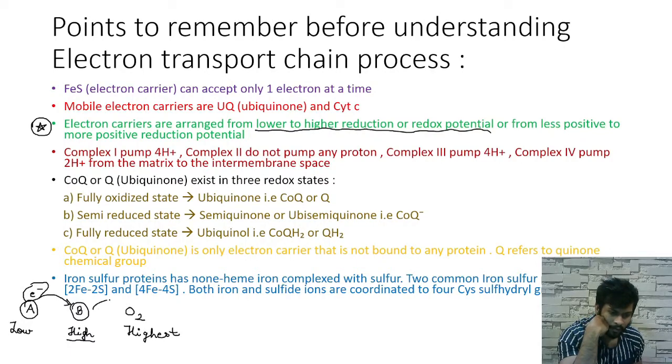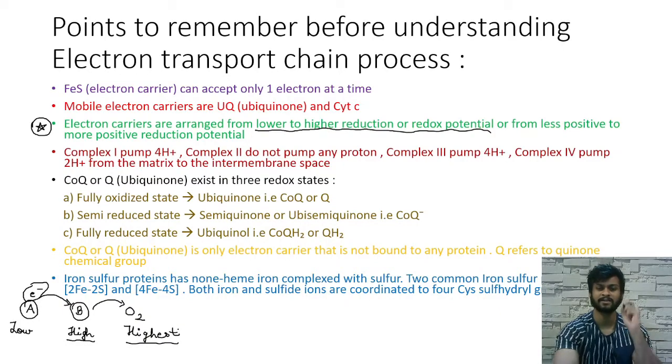Oxygen will have the highest reduction potential in the entire electron transport chain. As it has the highest reduction potential, it has the highest potential to get reduced, which means the highest potential to accept electrons.